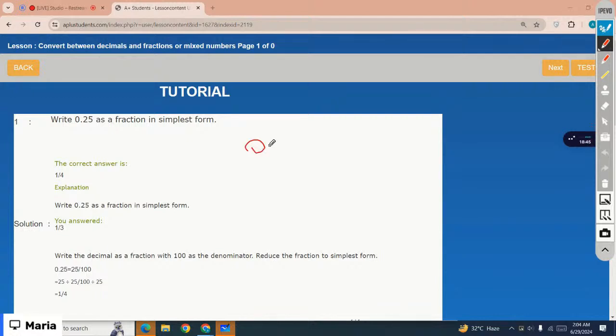First thing is you need to add 1 for the decimal point, and right after the decimal point you have two digits, so you need to add two zeros, right? So that is 25 over 100.